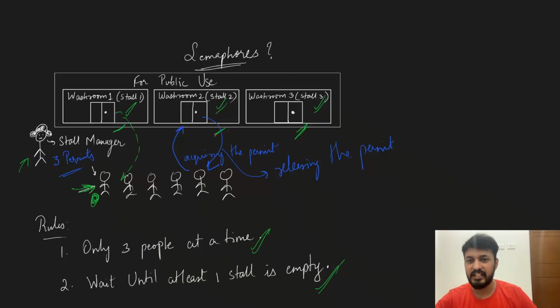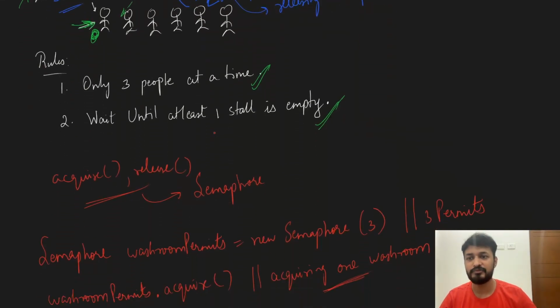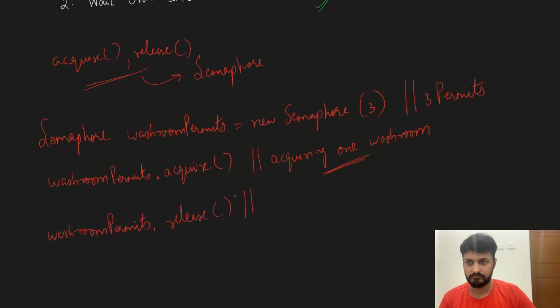Lastly, someone unlocking the door and going outside the washroom corresponds to washroomPermits.release(), which means releasing one washroom. Okay, so we have given 3 permits. This is how you acquire a permit and this is how you release a permit.